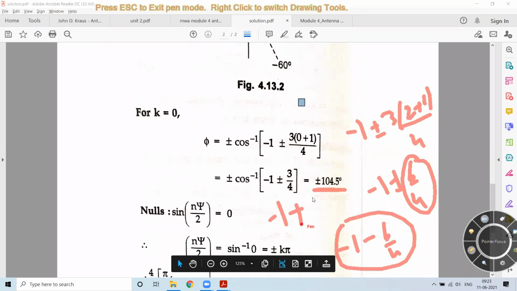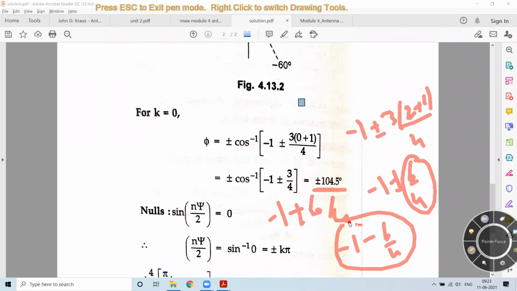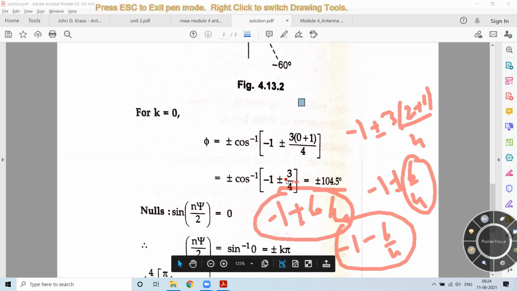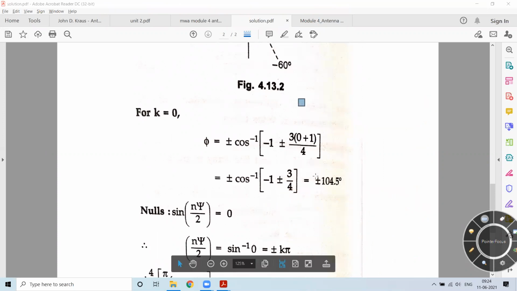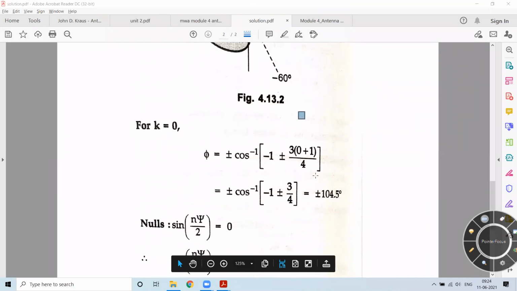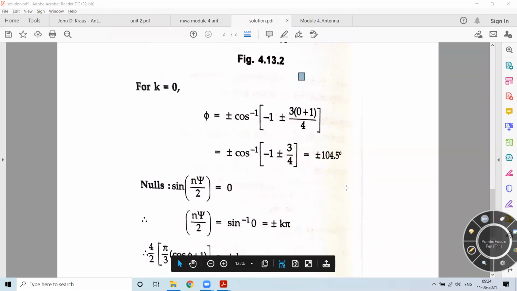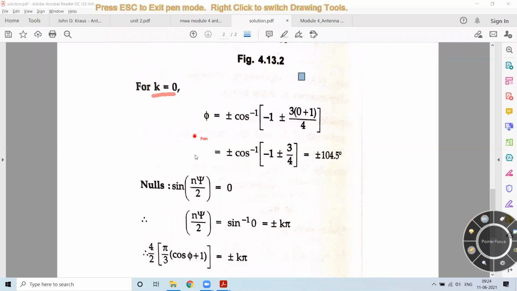But when I take minus 1 plus 6 by 4, try to see what the value is. When you obtain the value for this condition, you will observe that it falls within some category. Based on that, we can specify that we will not be able to obtain the side lobe in that particular direction. So here we are able to obtain the side lobe. Here we are able to obtain the side lobe. I haven't measured the value, whether this is correct or not.